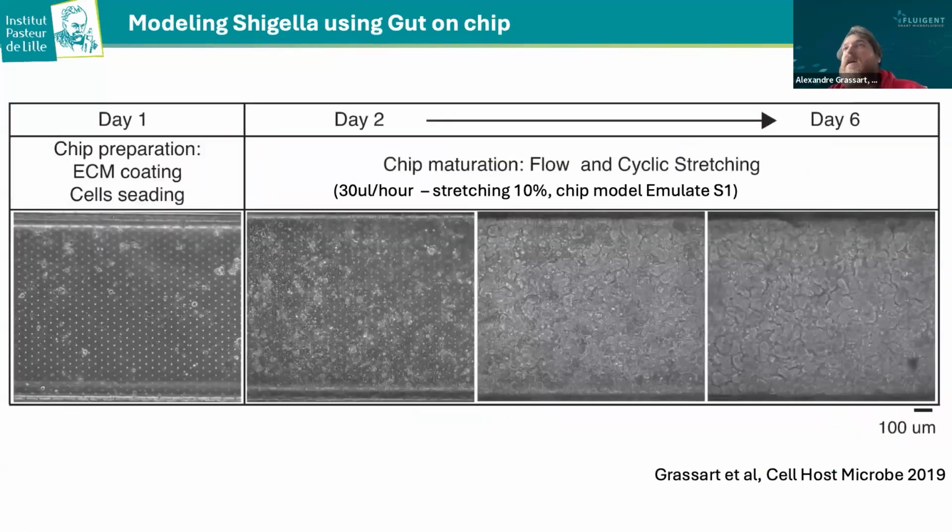So this is an example of what we can obtain when we have this very slow flow and cyclic stretching. So basically you seed your cells at D1 with some ECM coating before, and the cells will go into 3D differentiation after about a week under these conditions.